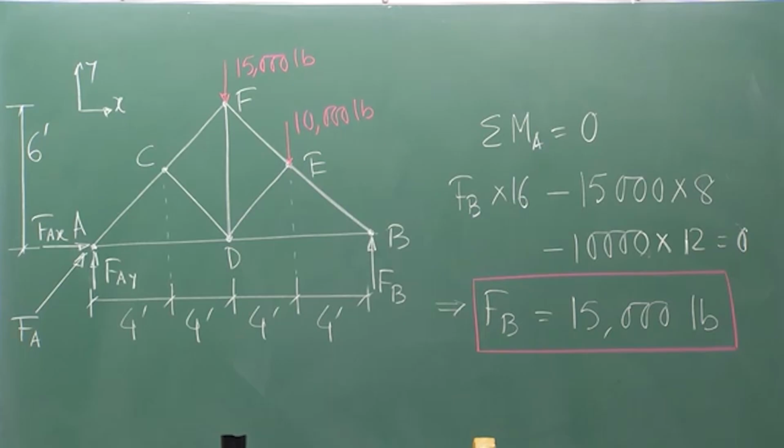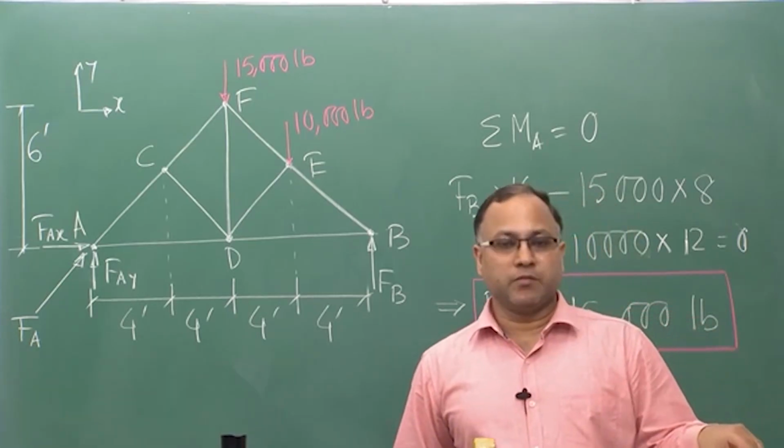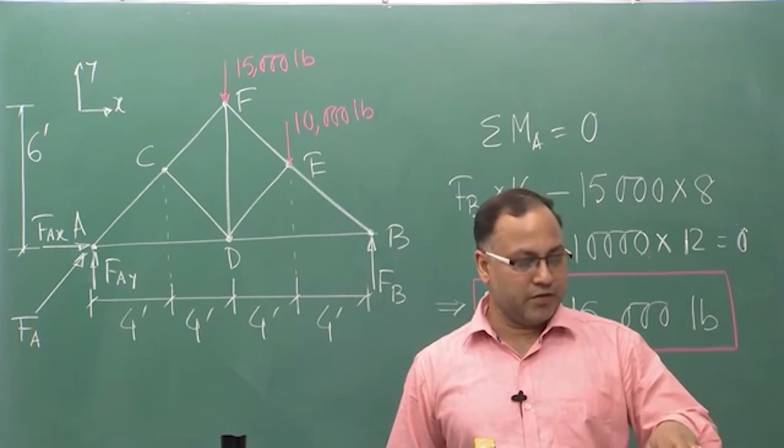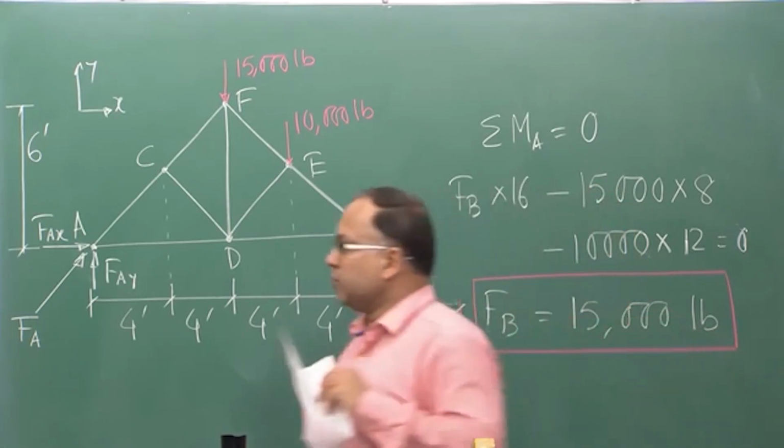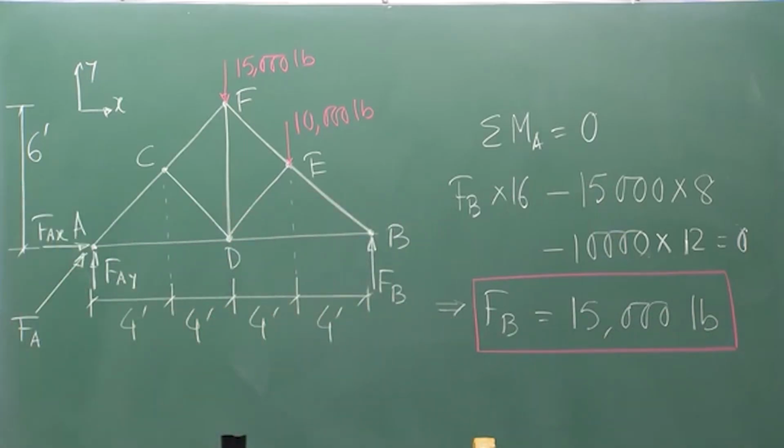Now my next job is to find out F A. To find F A, I can consider the force equilibrium conditions, that is summation of Fx equal to 0 and summation of Fy equal to 0, by which I can get the magnitudes of F A x and F A y as shown in the figure.